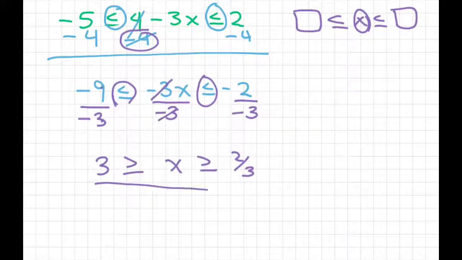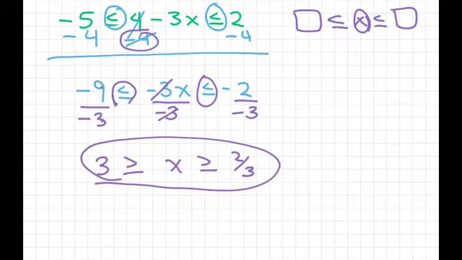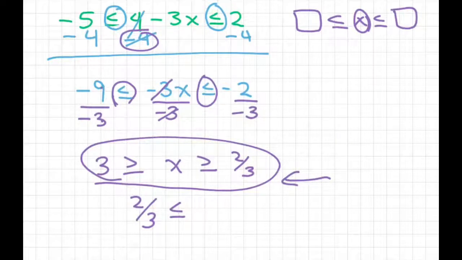Now this is not a good way to write it, so I'm going to reverse it and write it this way. 2/3 is less than or equal to x, because if you read it right to left, that's what it would say, and then here x is less than or equal to 3. So I'm going to go ahead and graph that.